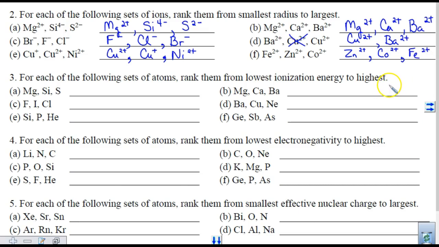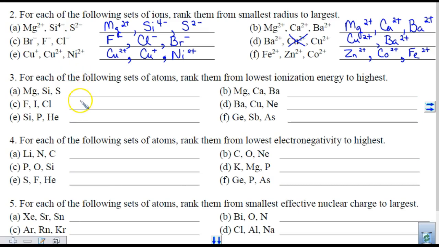In question 3, we're considering ionization energy. Recall that the greater the attraction between the nucleus and the outer electrons, the higher the ionization energy is going to be. In A, we are looking at magnesium, silicon, and sulfur, all elements in the same period.